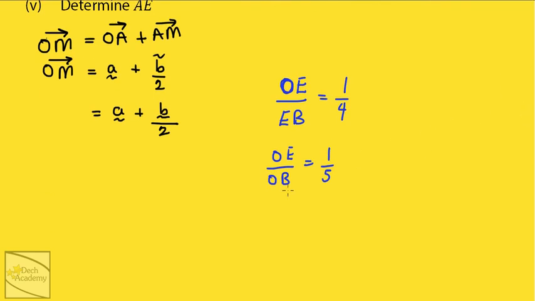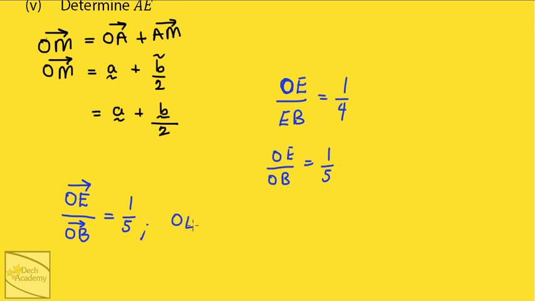The same applies to the vectors because the length of the lines correspond to the magnitudes of the vectors. So the vector OE divided by the vector OB is going to be 1 over 5.